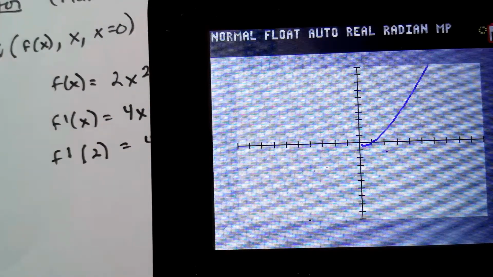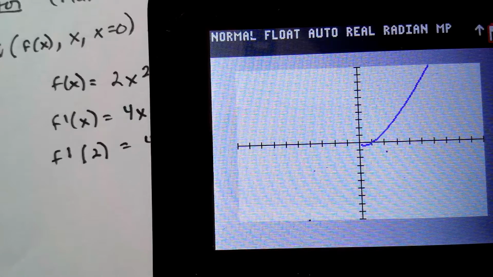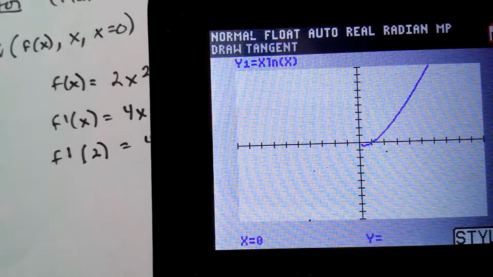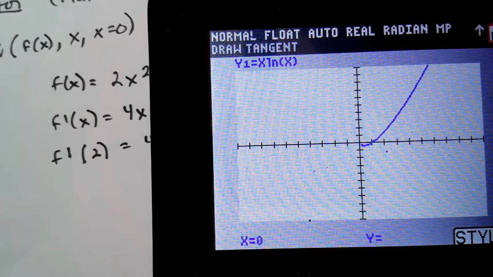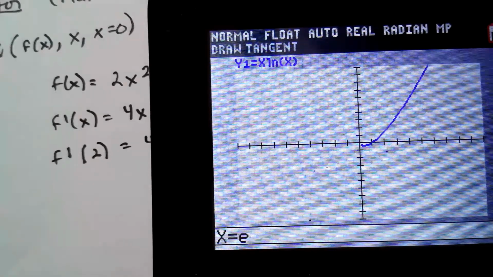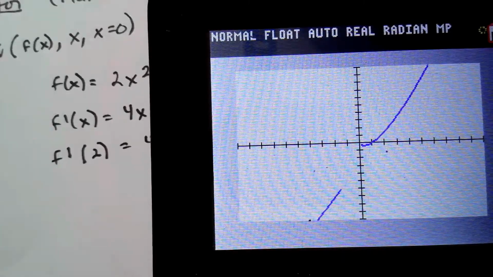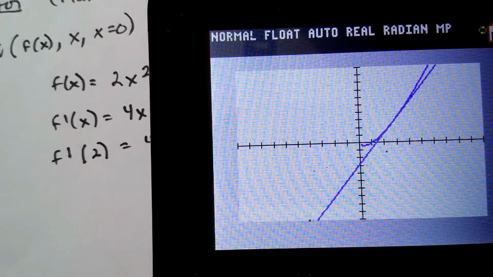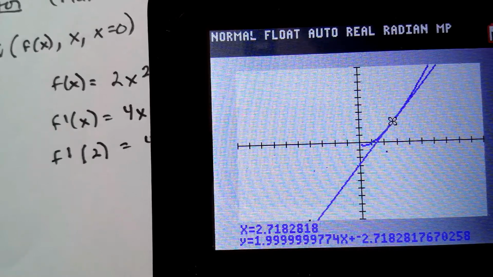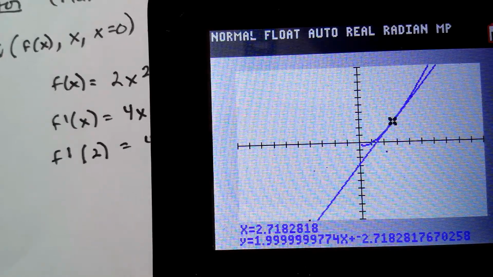And they're asking you to find the derivative when x is equal to e, and they're telling you to use nDeriv. Well, I wouldn't. I would say second draw 5 and x equals e. Well, that's just the second divide key on your calculator. Second divided by. And you see it puts x equals e in there, and hit enter. And it's going to graph your tangent line, and it's going to tell you right away that the slope is 2. So if you come out with 1.99999, it's 2. Okay, the slope is 2.